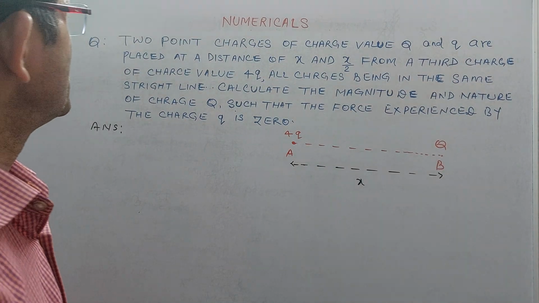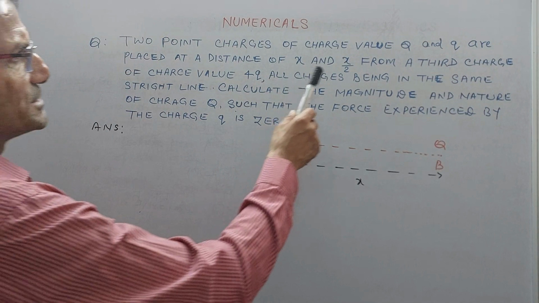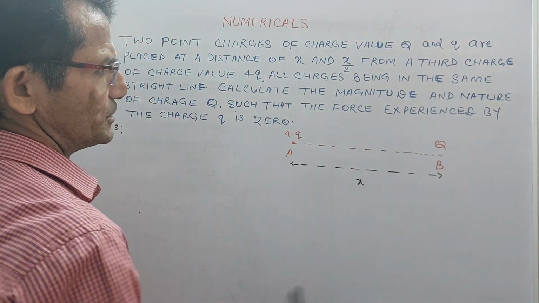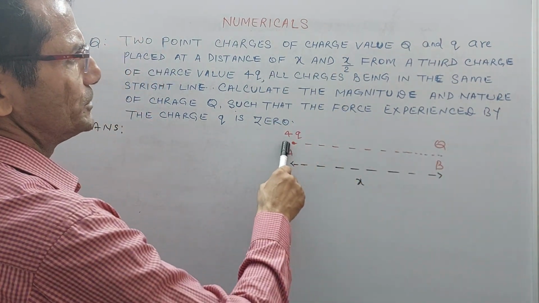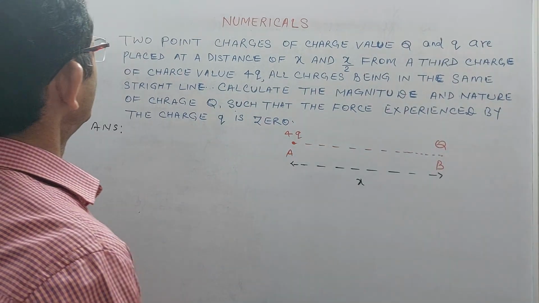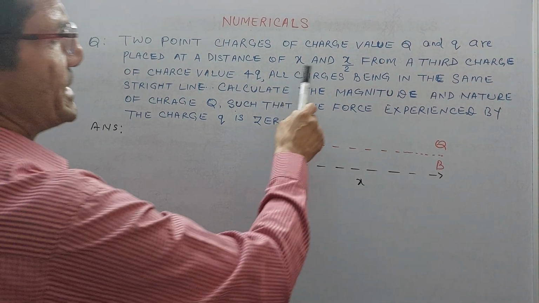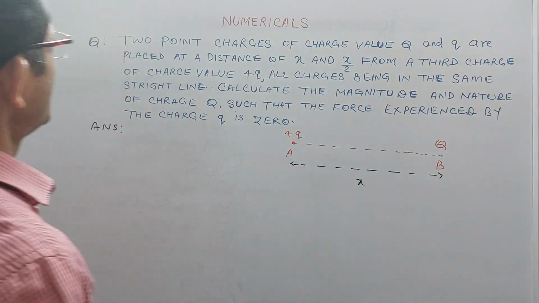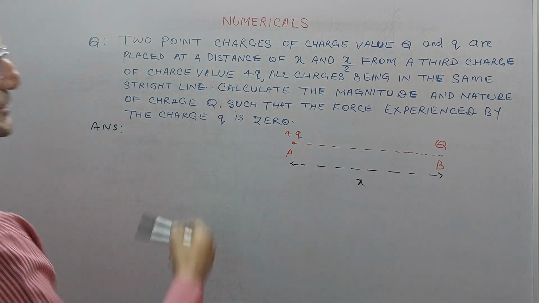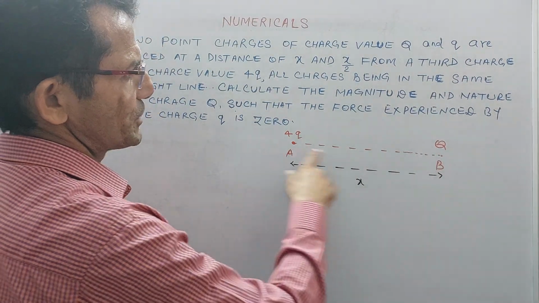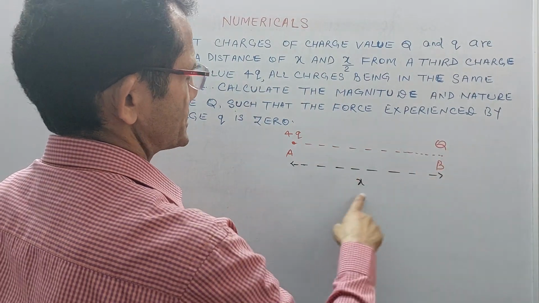Yes, this is the question. Two point charges of charge value q and 4q are placed at a distance of x. And x by 2 from a third charge of charge value 4q. This is our 4q and q. The distance between them is x, already given.